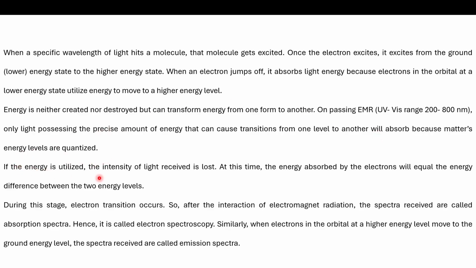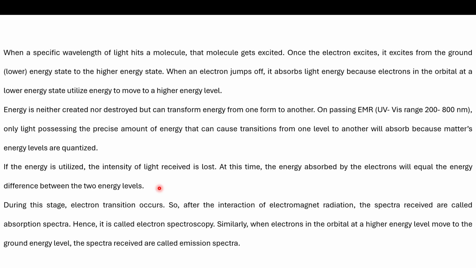Now, if the energy is utilized, the intensity of light received is lost, and the energy absorbed by the electrons will equal the energy difference between the lower and higher energy levels. If an electron is at the ground state, let's suppose it doesn't have any energy as such, but it needs some x amount of energy to jump into level 1.